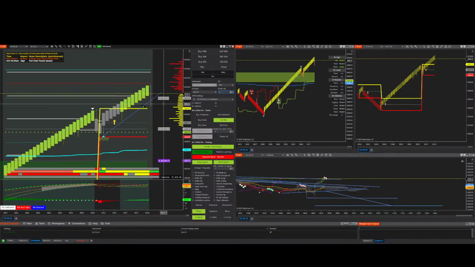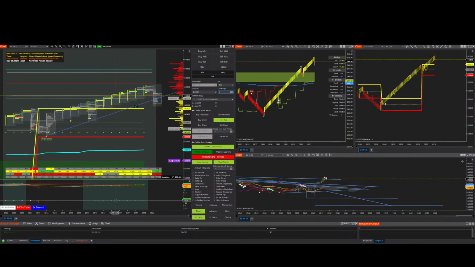I'm spending a little bit of time here this morning just showing you some of our indicators, some of our techniques. Showing you the footprint, the CoPilot. Of course, this is our CoPilot strategy.